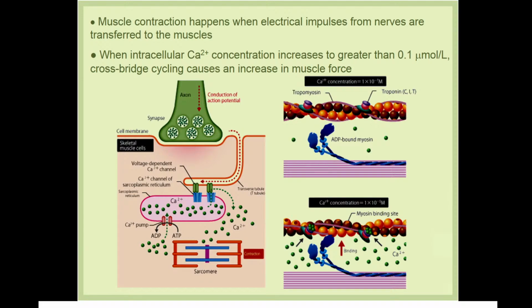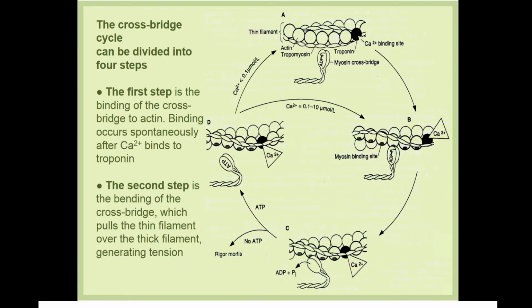And now let's consider excitation-contraction coupling. Excitation-contraction coupling is the process by which an action potential initiates the contractile process, the contraction of the muscle.